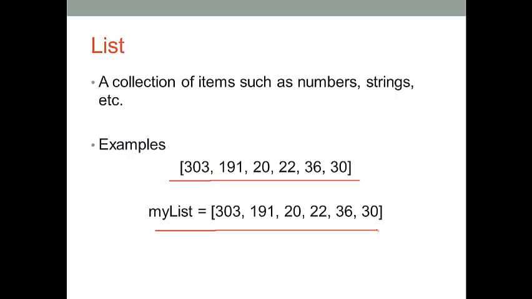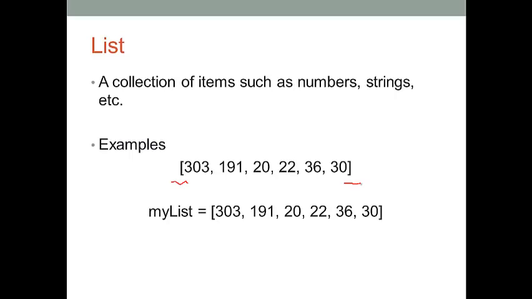Creating a list is pretty simple in Python, but when we create a list, we must follow certain formats. First, we must include all items of a list by 2 square brackets. As you can see here, 2 square brackets. We must include all items of a list by these 2 symbols.